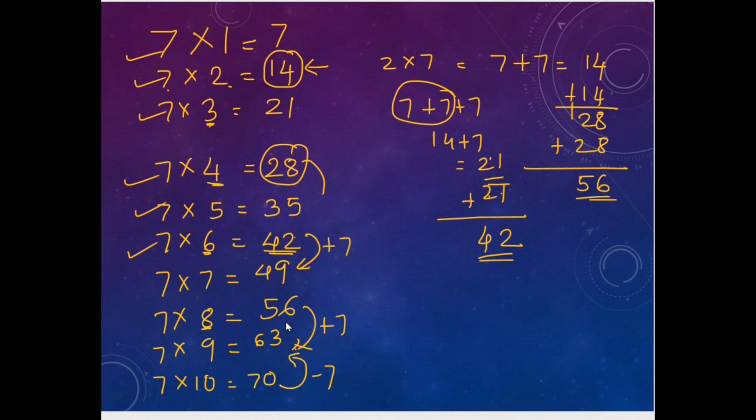So you can do both the ways. If you are moving down, you will add 7 because this is the 7's table. If you are moving up, you will subtract 7 from the last one. Easy?